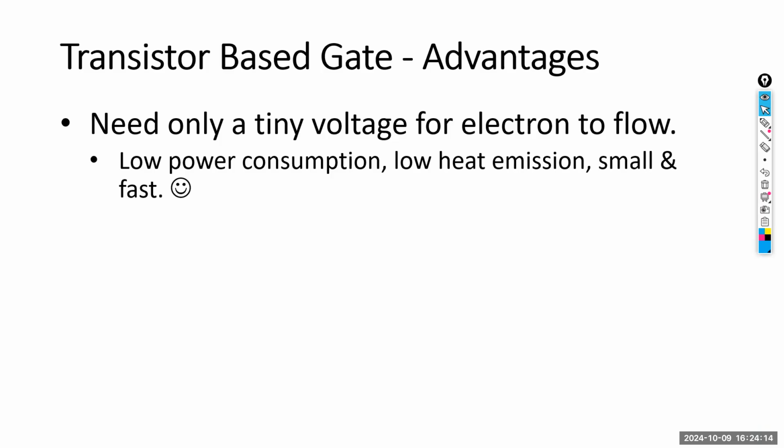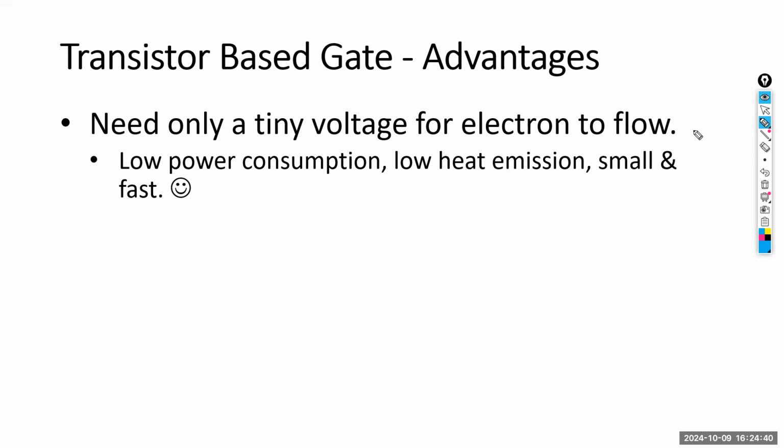Right. So what are the advantages of transistor-based logic gates compared to the vacuum tube-based gates? Vacuum tubes were used in the 1960s. The main advantage is it consumes very little electricity. It is super fast compared to vacuum tube-based gates.